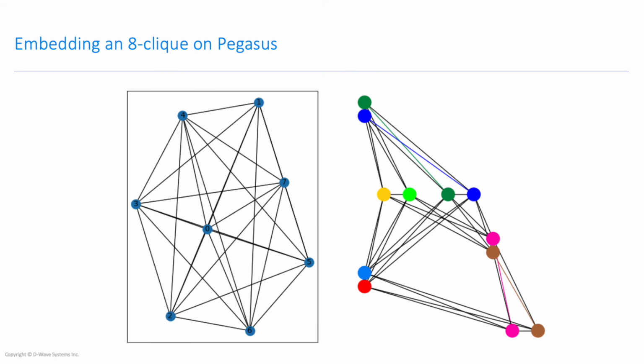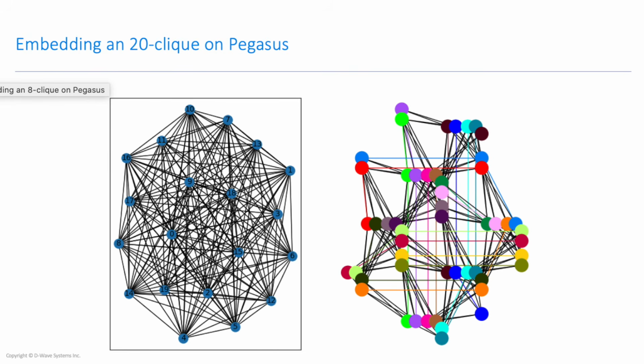And let's see another example of that here on a bigger clique. And here's a 20 clique embedded on Pegasus. And just as an example, notice the dark blue there, sort of center bottom and going up to the top. That's a chain of only length 3. And what we've seen is that the chains are much shorter.